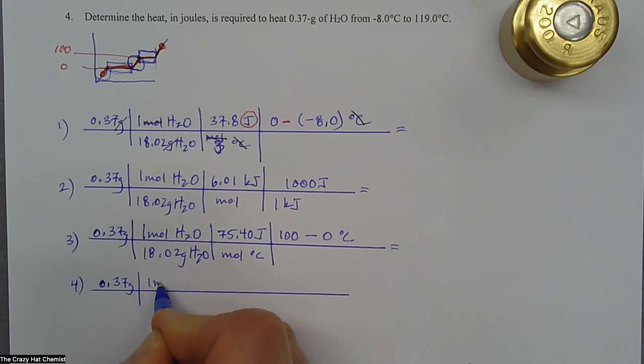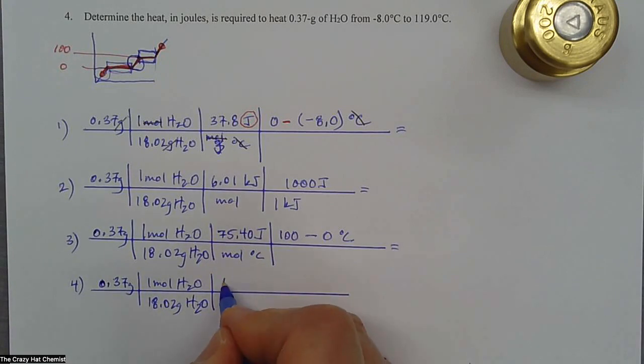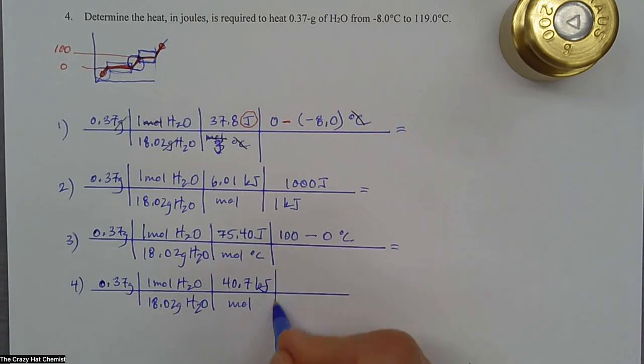We have our 1 mole of H2O, and we have our 18.02 grams of H2O. And heat of vaporization, and that is 40.7 kilojoules per mole. Again, there is no temperature in this section because it's a flat line section, but we're going to convert the kilojoules into joules, and then we're going to get a value for that.